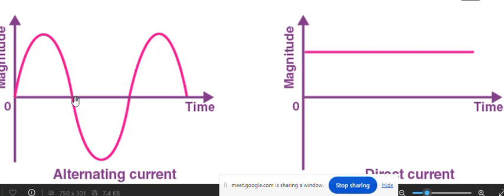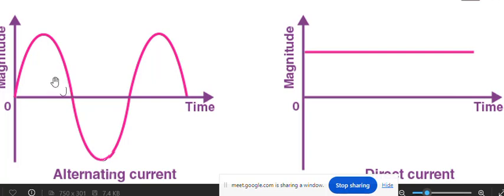It crosses line 0, then goes down to negative. And when it gets to the negative of the amplitude, it stops and goes back up again. So it continues that cycle. This is what we call alternating. The current is alternating between the positive side of the graph and the negative side of the graph, passing through line 0. Do you understand?